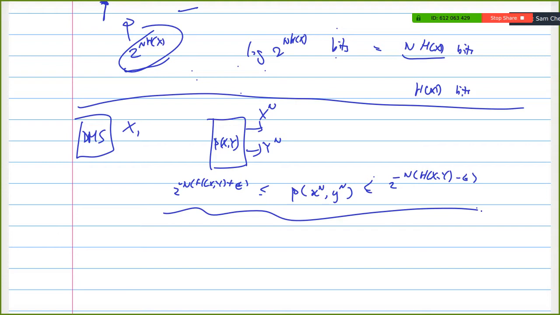To complete our argument, we also need x^n and y^n to be typical themselves. So we also need the earlier condition, that 2 to the minus n(H(X) minus epsilon) to 2 to the minus n(H(X) plus epsilon), and also the same for p(y^n).